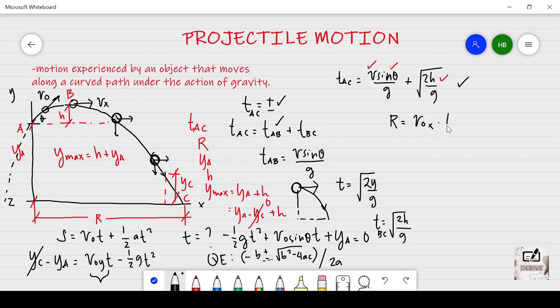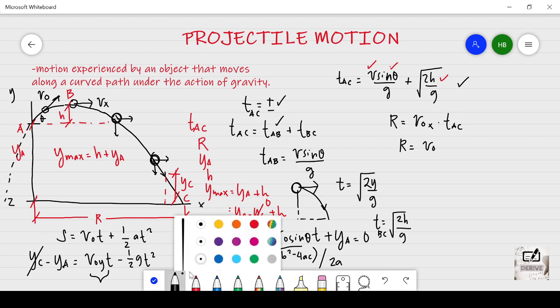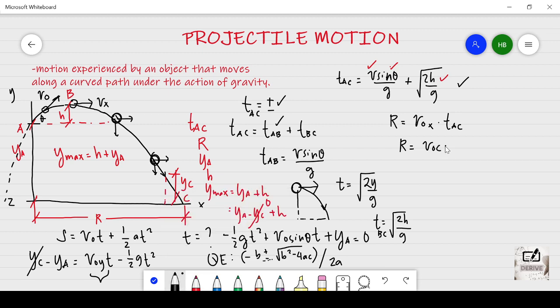Of course, multiply only by the total time of flight from point A to point C. And R is equal to VOX times time, VO cosine theta multiply by time AC.